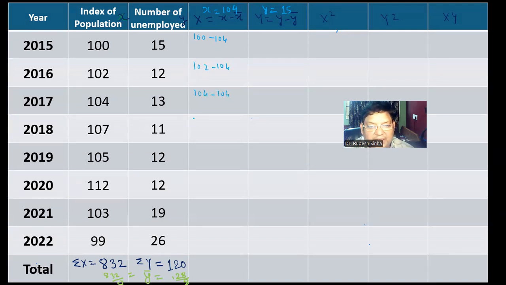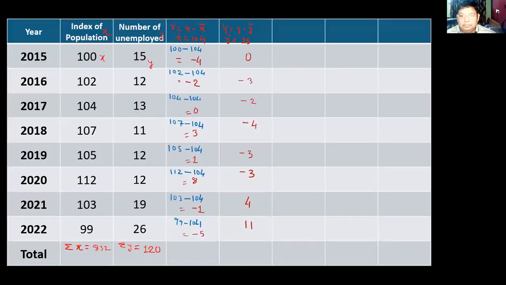This is 107. 107 minus 104. 105 minus 104. 112 minus 104. 103 minus 104. This is 104. Yeah. 99 minus 104. So write all the values.